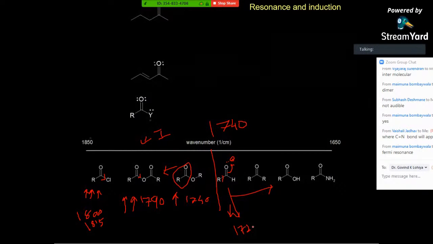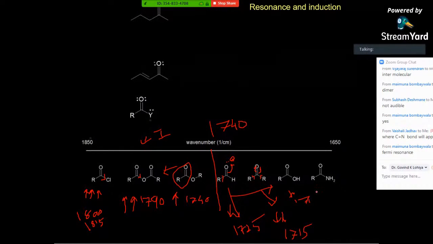But compare the ketone with the aldehyde: here we have two alkyl groups, so a strong inductive effect prevails and further decreases the value to 1715. And for the carboxylic acid, the value decreases further to 1710.